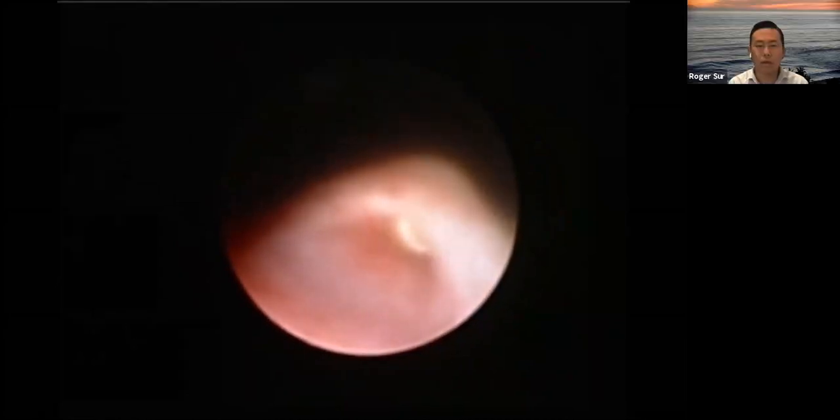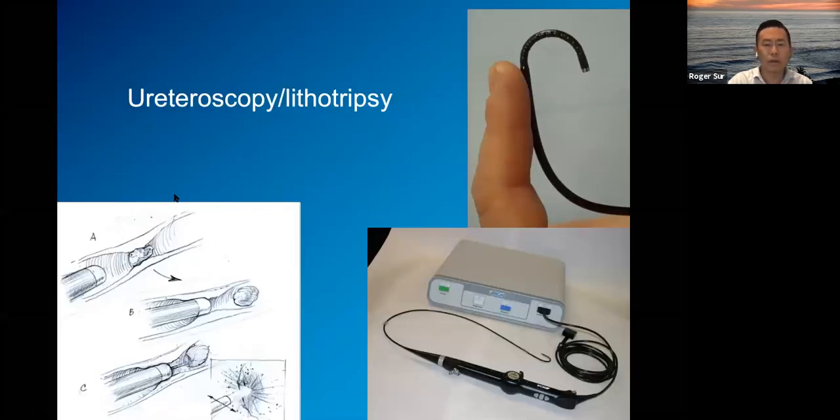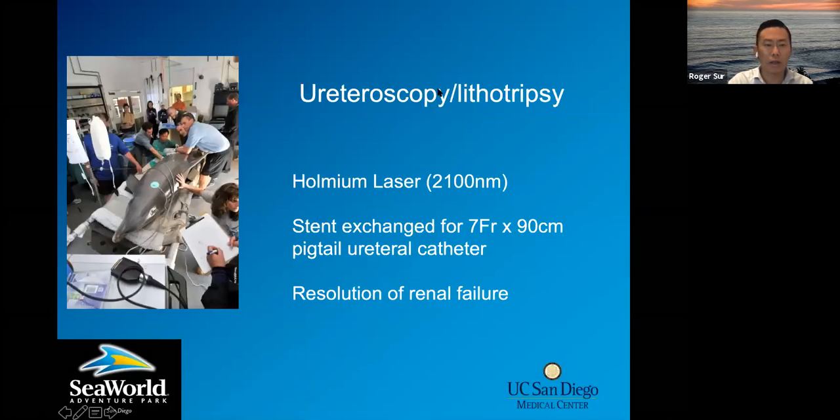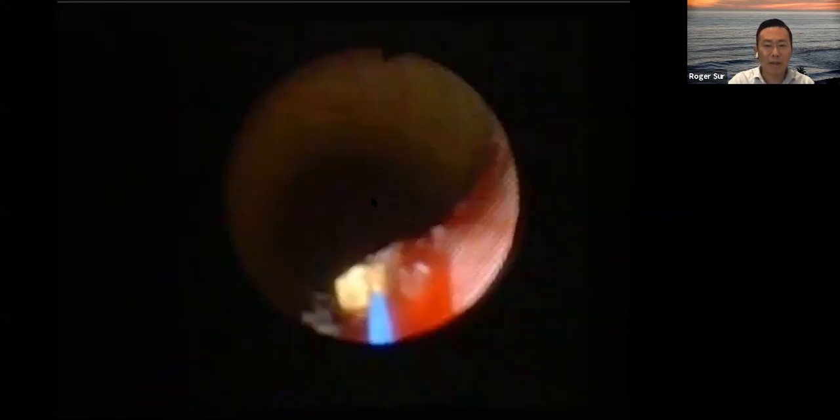And they said, now what? I said, I don't know. I said, why don't you put her back into the water? I will come back tomorrow with a ureteroscope. So I brought a ureteroscope the next day, and I did it again with a holmium laser this time. Wow.